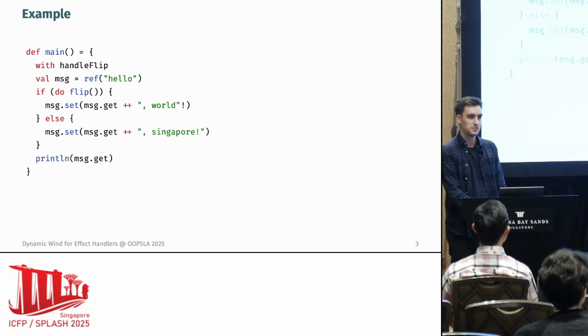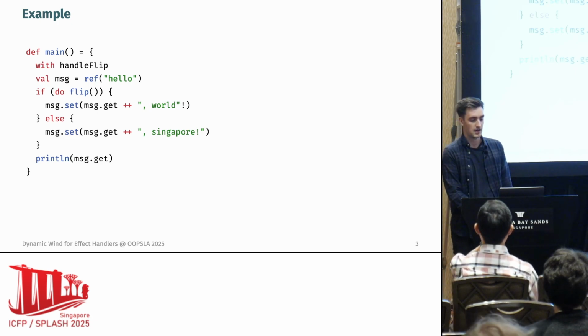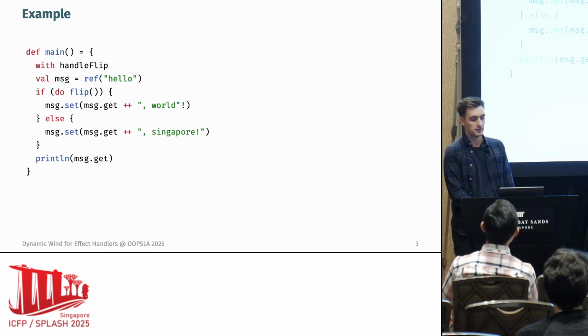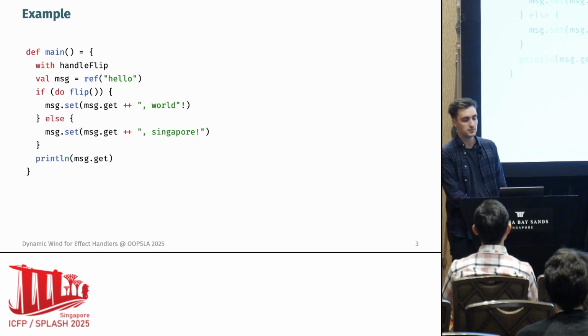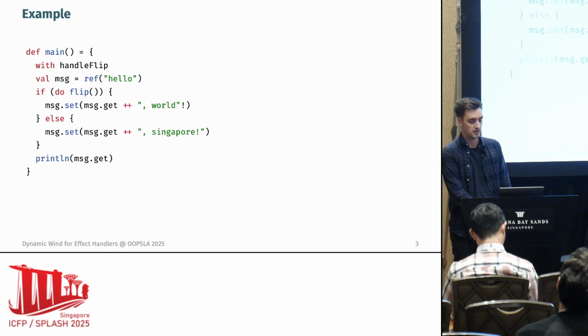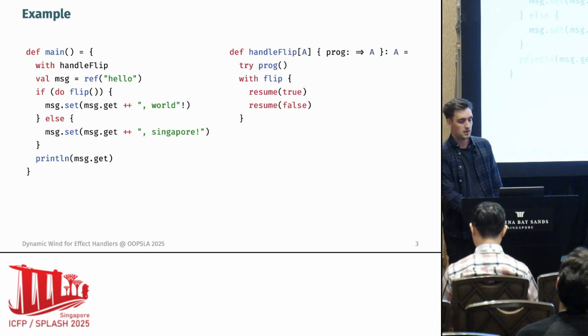In this if statement, we are executing the flip effect operation. Then we are going to mutate the reference and in one branch append the word world to it. And in the other branch, we are going to append the word Singapore. And then in the end, in either case, we're going to print out the result.